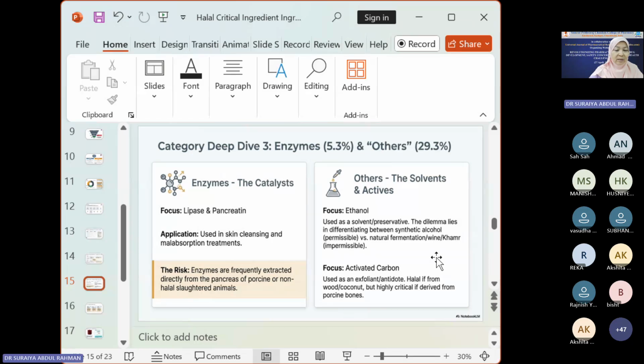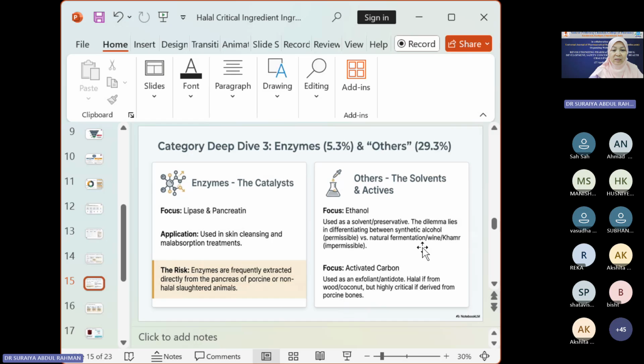And the next category is enzymes. For example, lipase and pancreatin are usually used in skin cleansing and malabsorption treatment. The risk is that enzymes are frequently extracted directly from the pancreas of porcine or non-halal slaughtered animals. Under the category of others, examples are alcohol and ethanol.